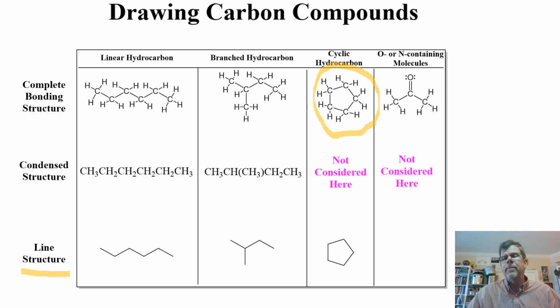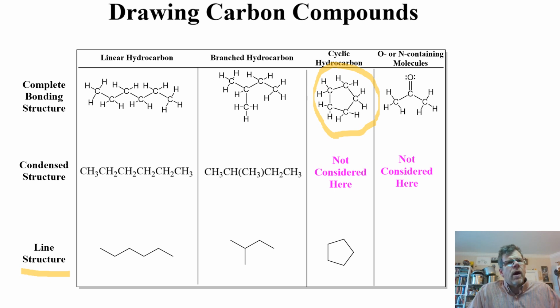There are 5 bends in there. Obviously, on a cyclic hydrocarbon, there are no ends because there's no beginning or end to a cycle. But there we go. If we see a pentagon or a triangle or a square, that would be representative of a cyclic hydrocarbon. We'll certainly be looking at that in the future.